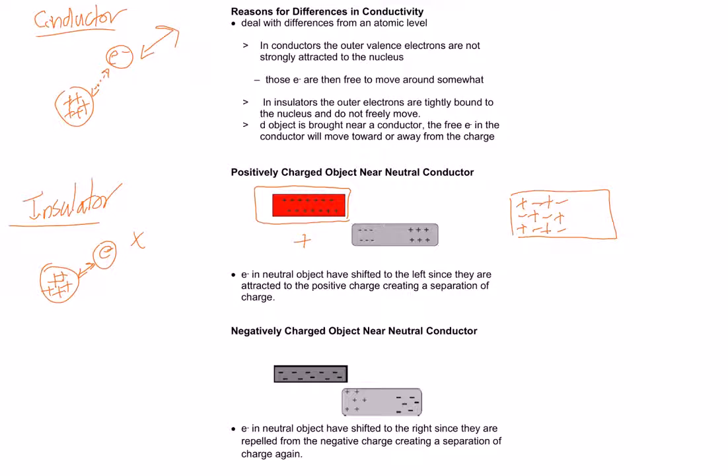As soon as we bring something positive close to it, most of the electrons are free to move. They're going to pile up on the end that's closest to that positive object.